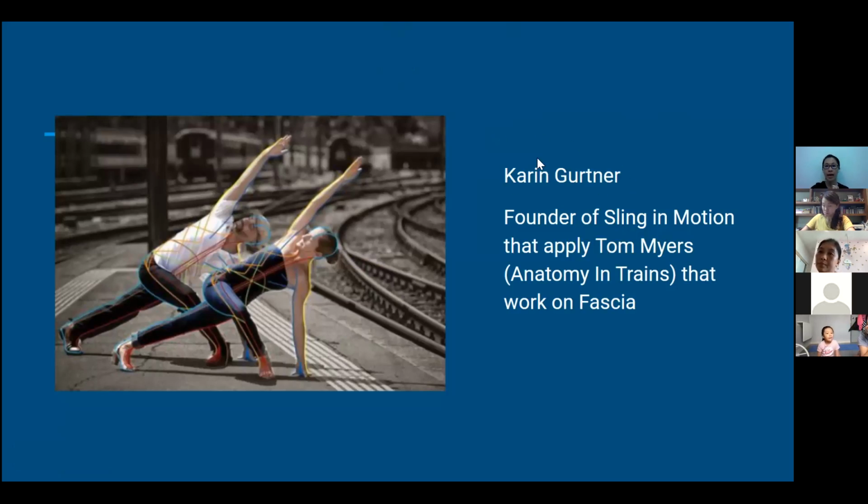Then Karen partnered with him to invent the movement to match with his sling concept, the Anatomy Trains concept. So as you can see all the lines, how a movement needs to pay attention. So it's not just move your arm, move your legs, but it's actually a connection. So this is about fascia.